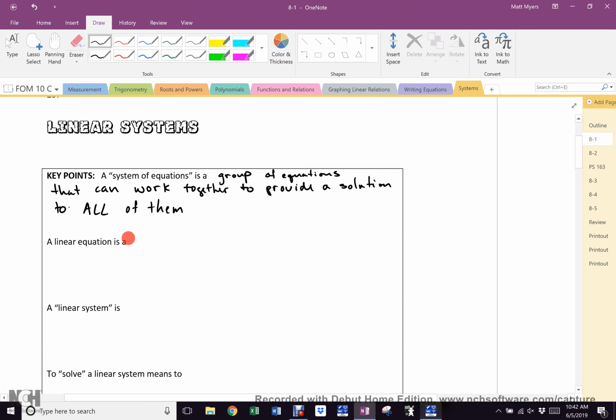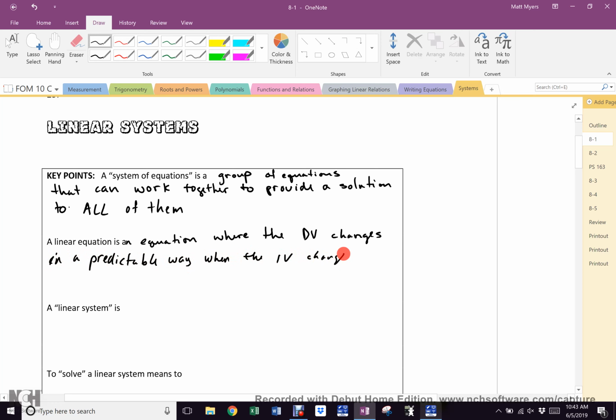So a linear equation is an equation where the DV changes in a predictable way when the IV changes, right? We already know that. We've just done 3 units on linear equations, right?